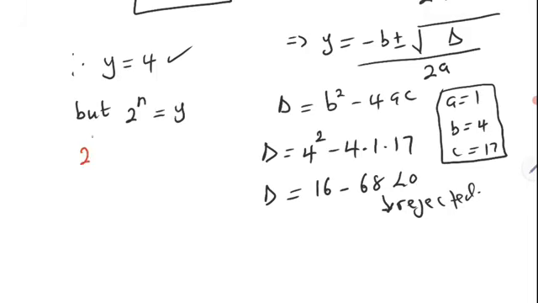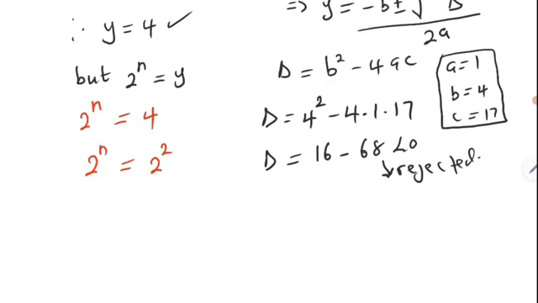Then 2 raised to power n is equal to 4, which can be written as 2 square. They have the same base 2. n is equal to 2. And this is the final answer.